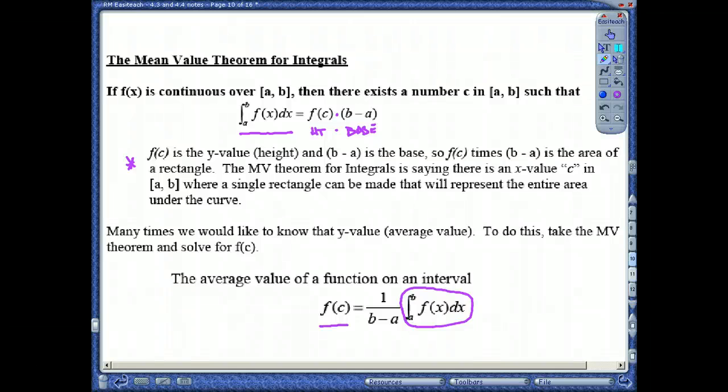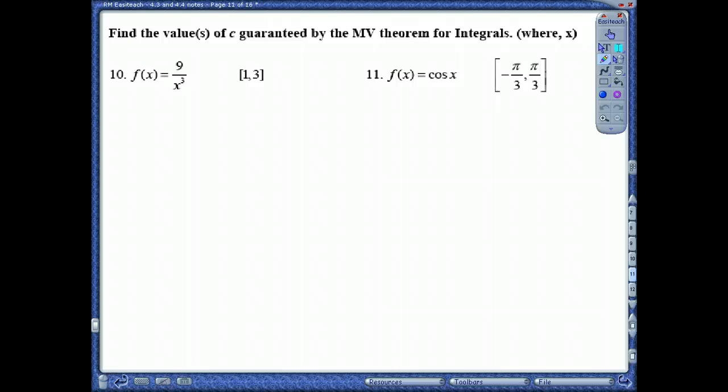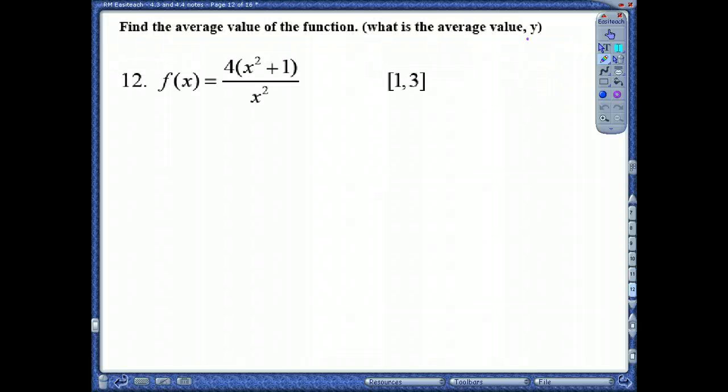Now when they're looking for average, sometimes they want the x value where the average occurs, and sometimes they want the actual average value. Now when they want the actual average value, we get to stop after we find 1 over b minus a times the integral from a to b, because that is that average value. That is the y value.